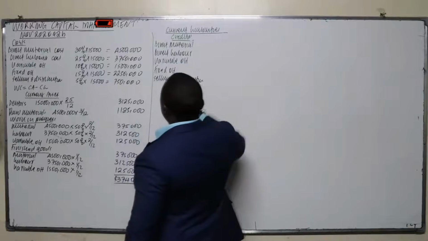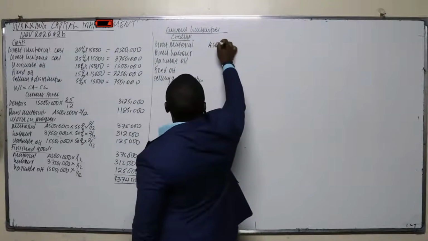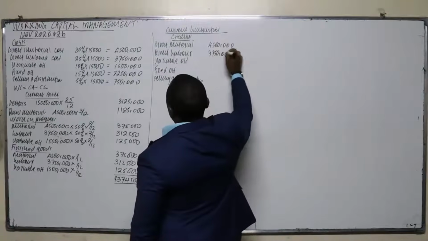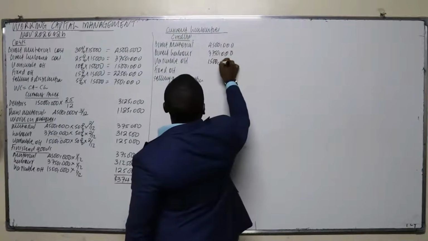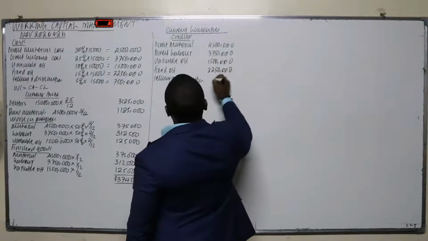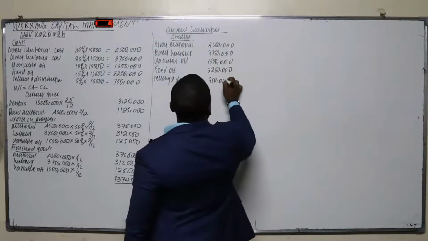Now for direct material, the amount was 4.5. This was 750. We have 1.5. We have 2250. We have 750.